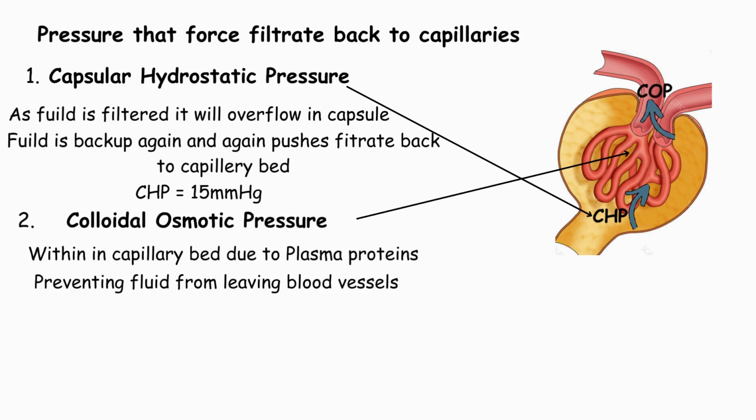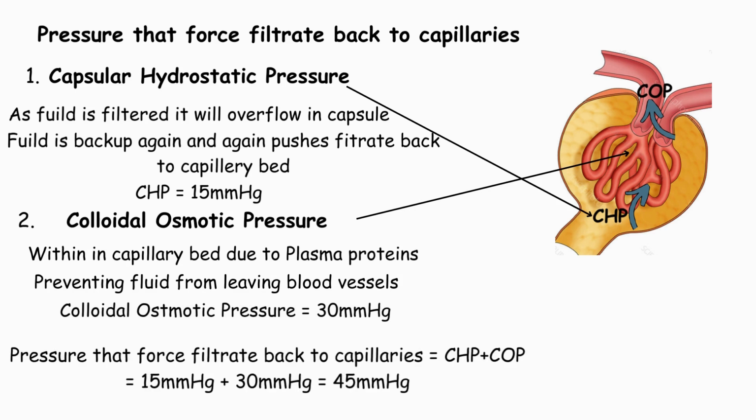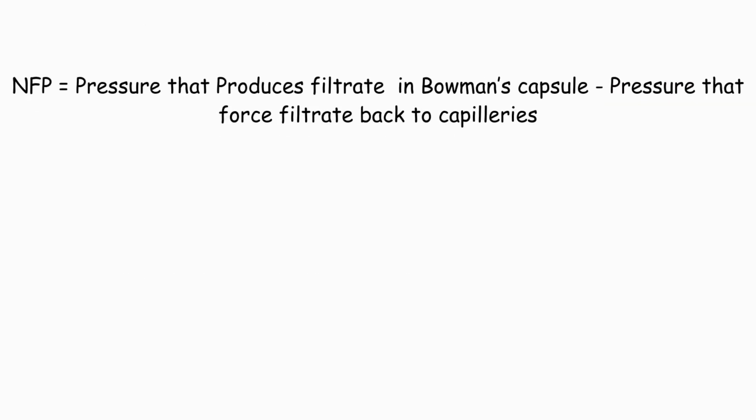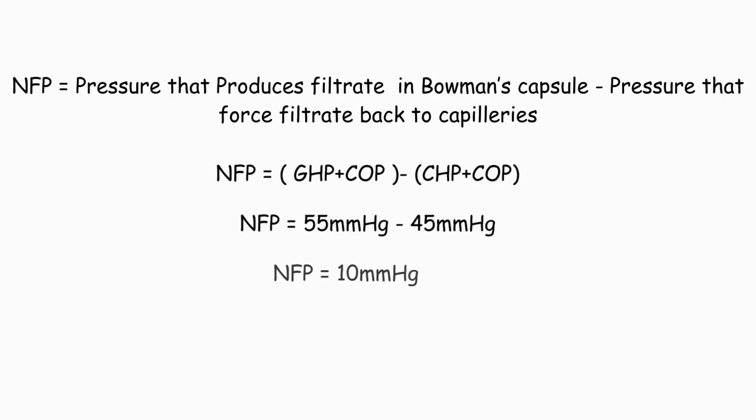It prevents fluid from leaving blood vessels. Colloidal osmotic pressure is 30 mmHg. The pressure that forces filtrate back to capillaries is the sum of capsular hydrostatic pressure and colloidal osmotic pressure. It is 45 millimeters of mercury. Putting values in the net filtration pressure formula, we get a value of 10 millimeters of mercury.